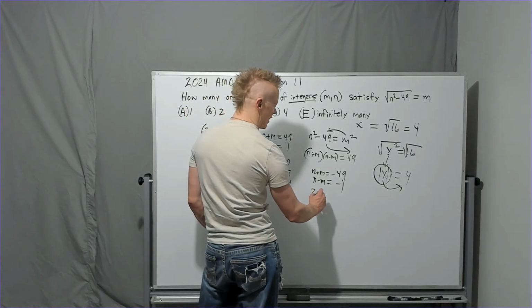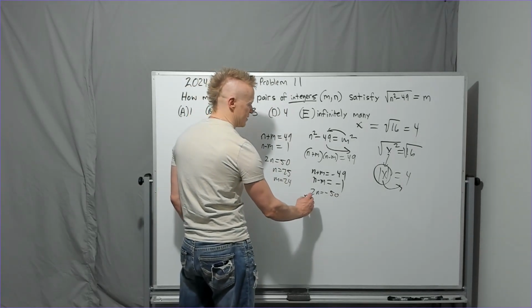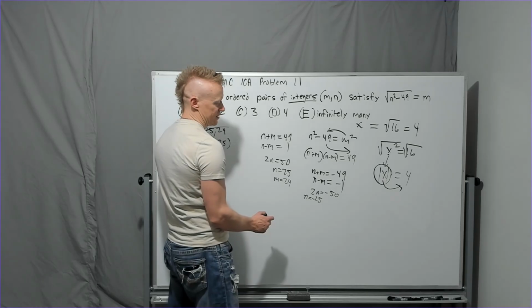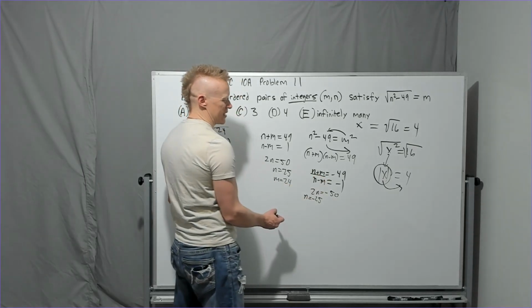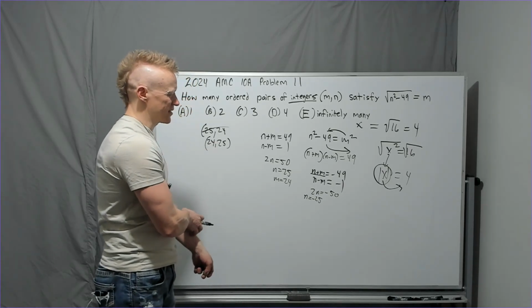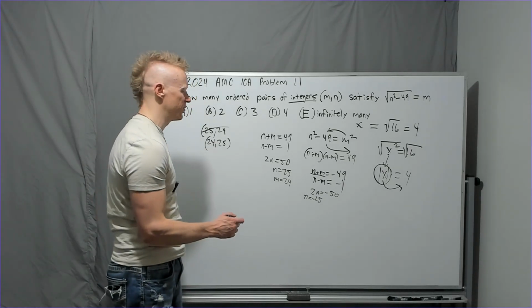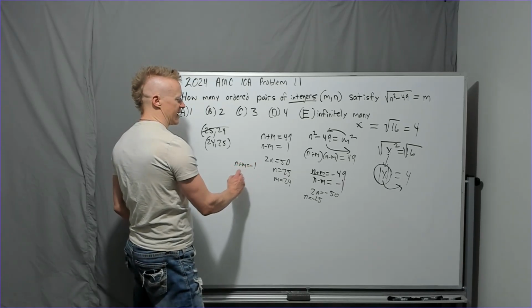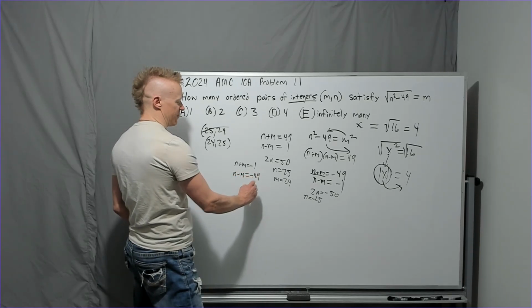Then 2n would be negative 50. So n is, in this situation, negative 25. Problem though, if n plus m is negative 49, that's going to force m to be negative 24. Let's try something else. Let's try n plus m is negative 1 and n minus m is negative 49.